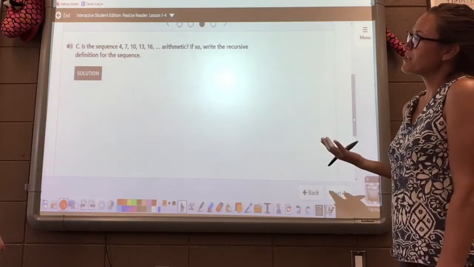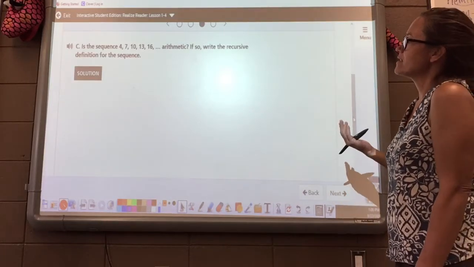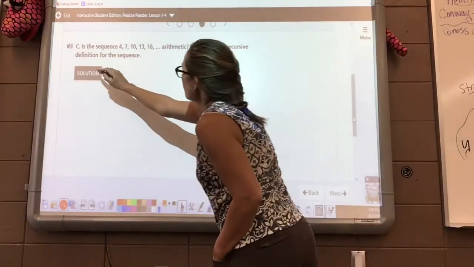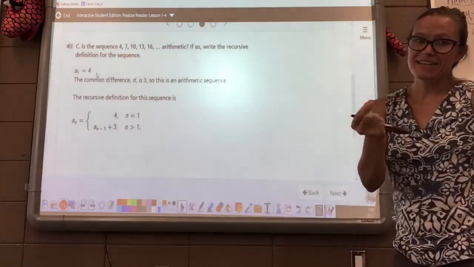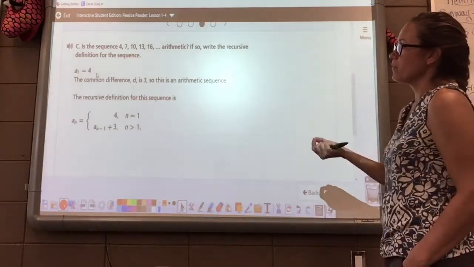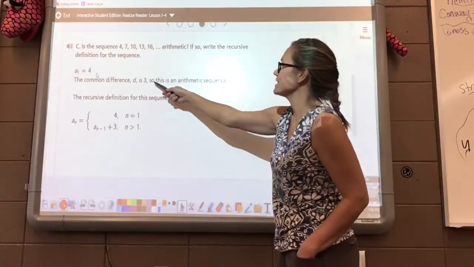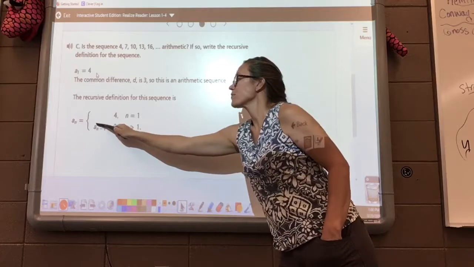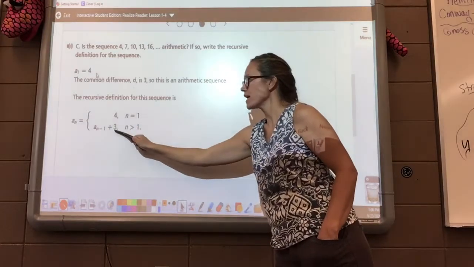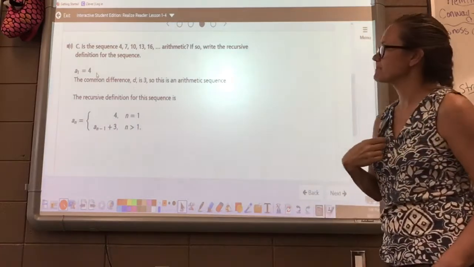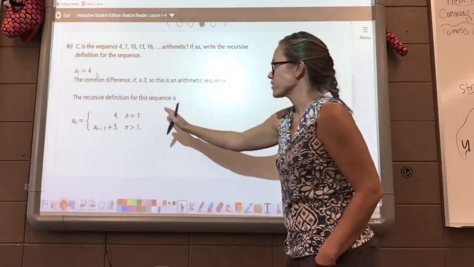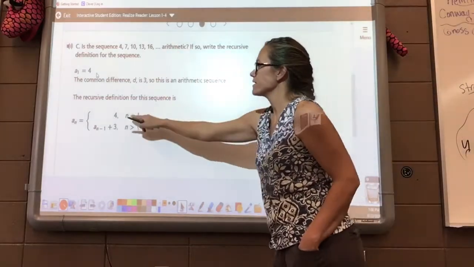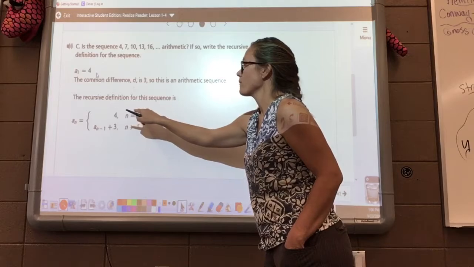So in this one, we just have to decide if this pattern is arithmetic. As we go, we identify our starting value. We identify that the common difference, D, is 3, and our starting value is 4. We take the previous term plus 3 to get any of the next terms. And so if I was going from this to that, I'd say, okay, well, the first term is first.